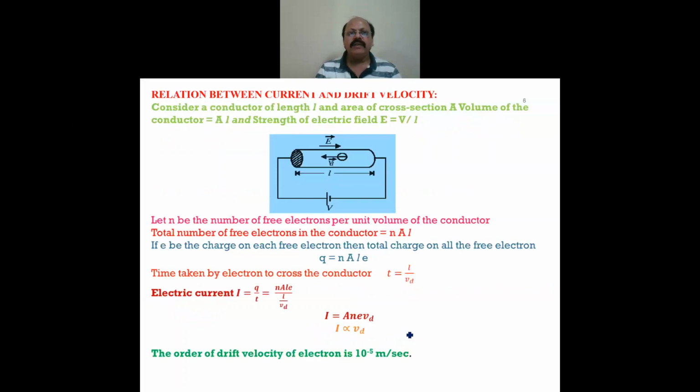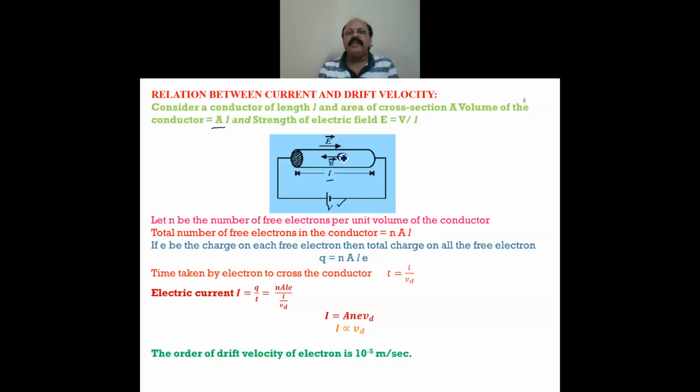Now we find out the relation between electric current and drift velocity. For that purpose, we consider a conductor of length L, area of cross section A, then the volume of the conductor becomes AL. V potential difference is applied across the ends of the conductor.